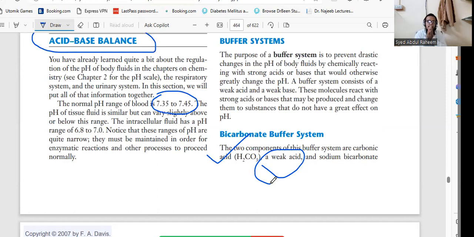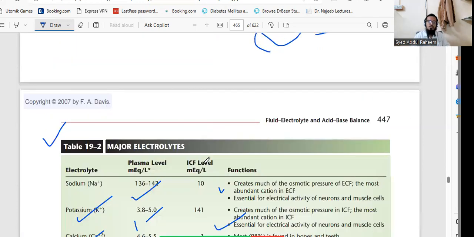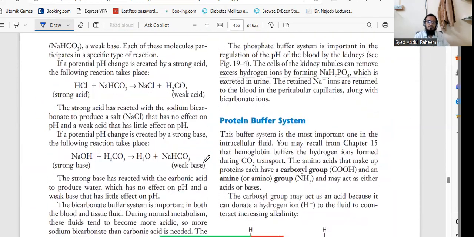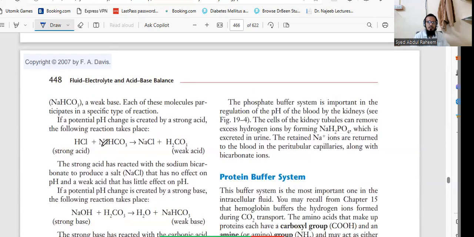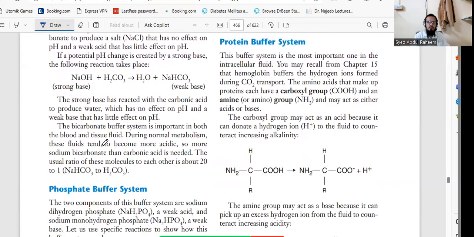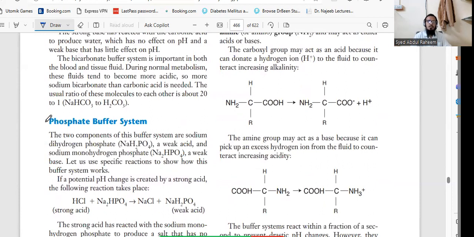Buffer system means what I can tell you is to balance the pH. To balance the pH, we have the system that is called the buffer system. One is sodium bicarbonate, and another one is phosphate, sodium dihydrogen phosphate.